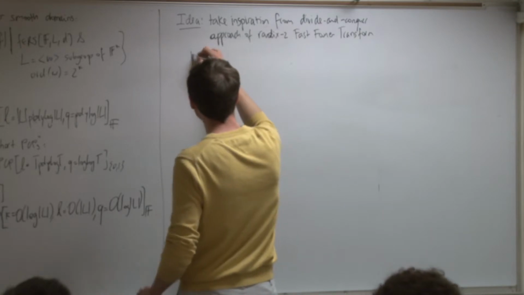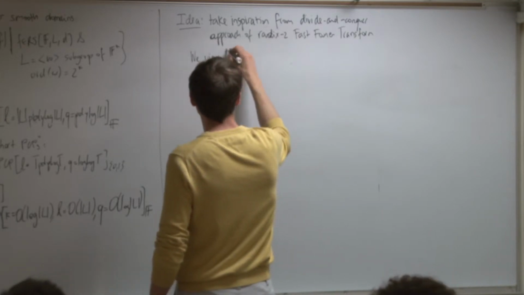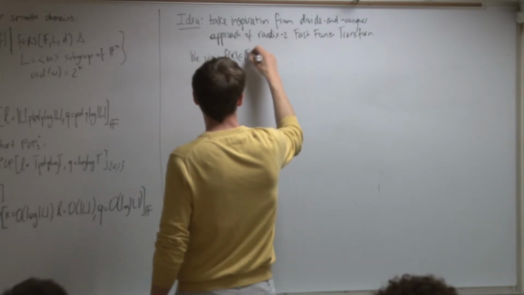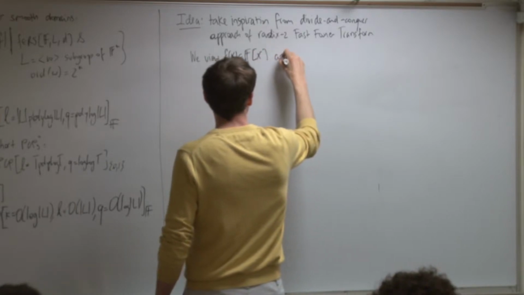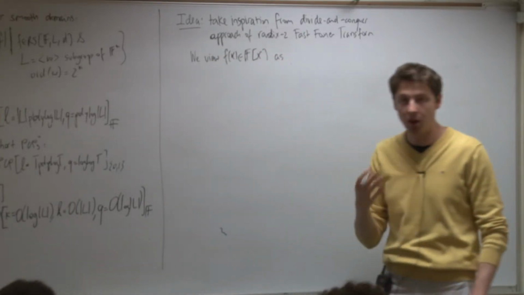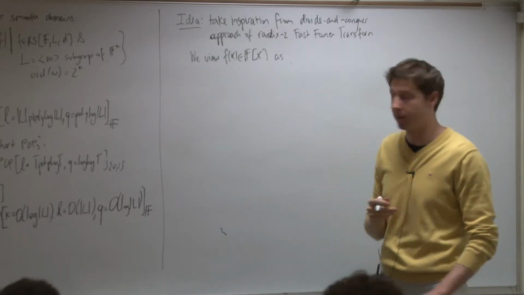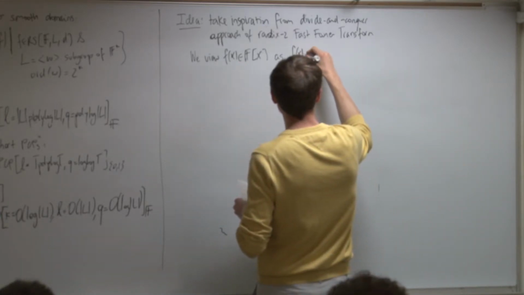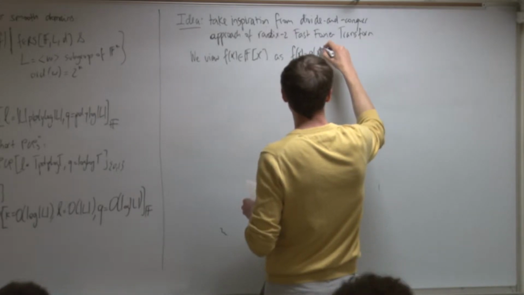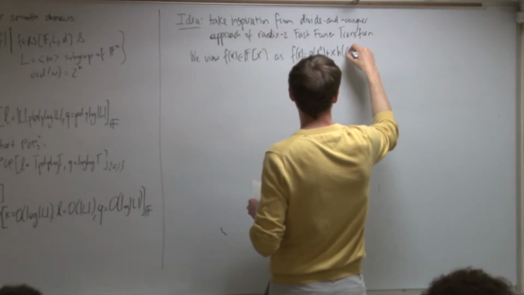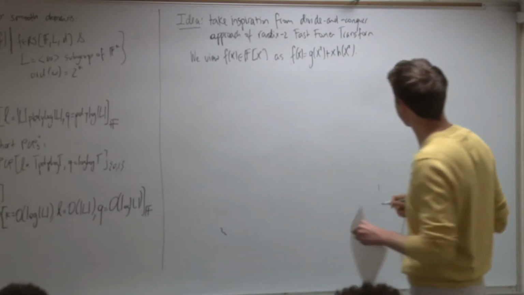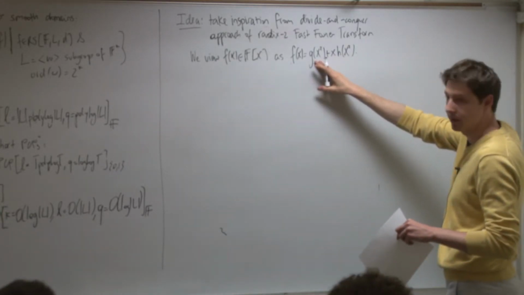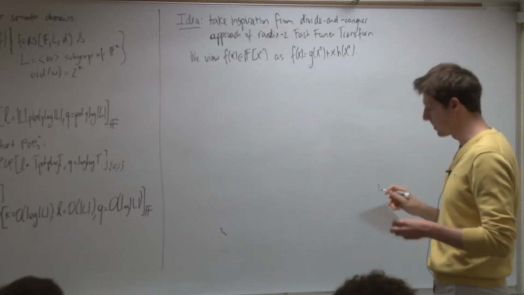So we view a polynomial in terms of odd and even coefficients. We're going to take a polynomial f and write it as f(x) = g(x^2) + x·h(x^2). So g has the even coefficients, and h has the odd coefficients.